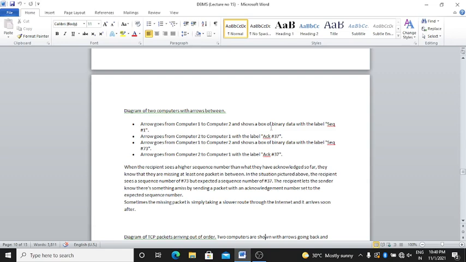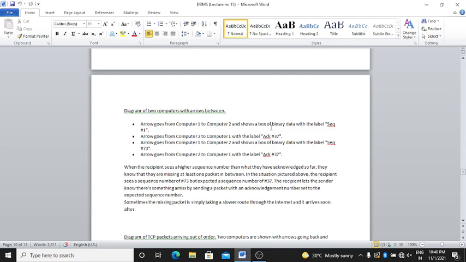An arrow goes from computer 2 to computer 1 with the label acknowledgement 37. An arrow goes from computer 1 to computer 2 and shows a box of binary data with the label sequence 73. An arrow goes from computer 2 to computer 1 with the label acknowledgement 37.